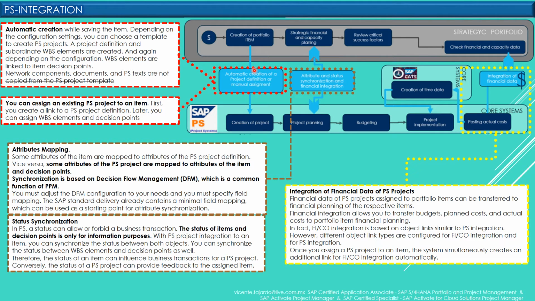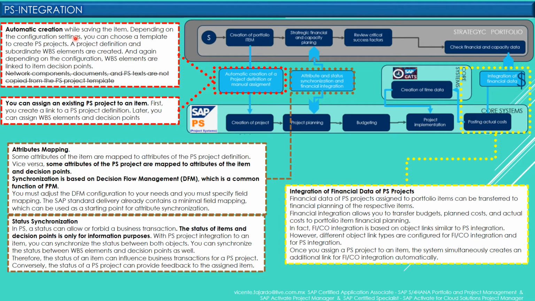Well, to create the first link, the red one, we can do it in both ways. The first way is automatic creation, and the second way is manual assignment. So for automatic creation, at the time that we save the item, depending on the configuration settings, you can choose a template to create the PS project.